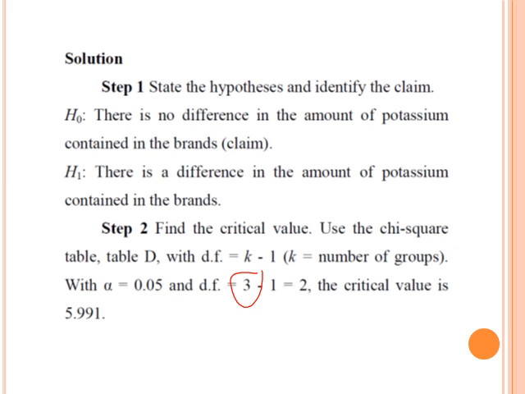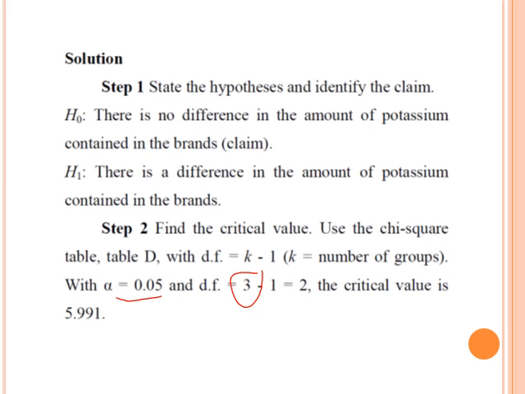So with alpha equal to 0.05, the degrees of freedom for the chi-square test equal 3 minus 1, the number of groups minus 1, which is 2.